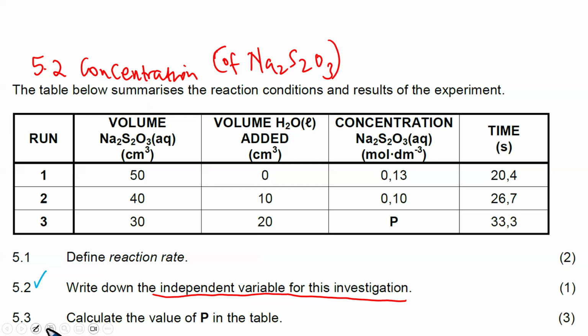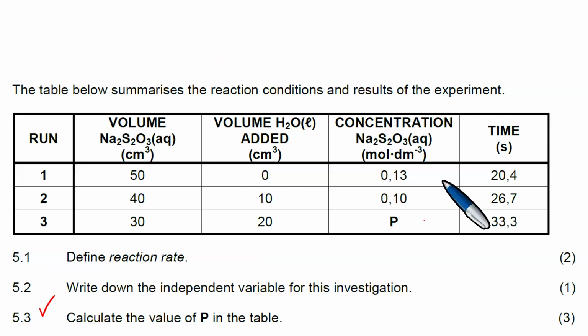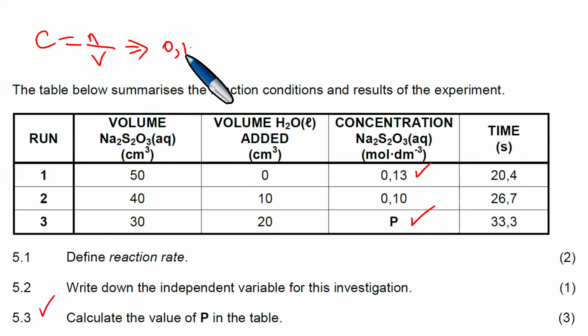Let us look at this table and find the value of P. A couple of things we need to know: concentration is number of moles over volume. What is the concentration? Like in the first run, the concentration was 0.13.